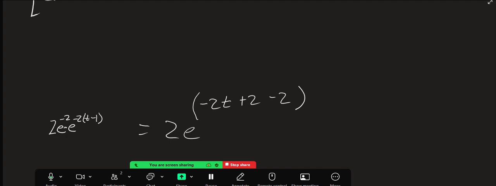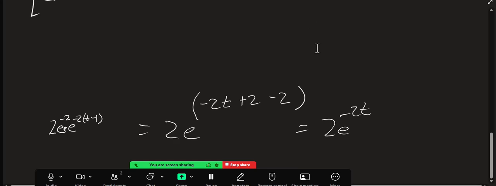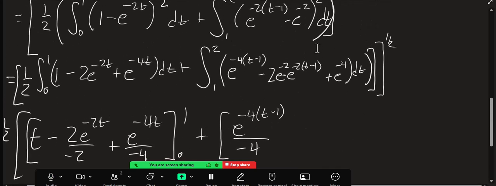Because if I distribute this minus 2, I get minus 2t plus 2, and then when you multiply, you add exponents. So then I add in that negative 2, so it gets me 2e to the negative 2t. So this ugly looking term here is really the same as minus 2e to the negative 2t.